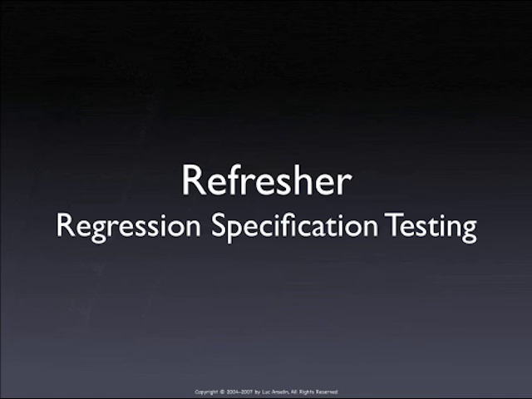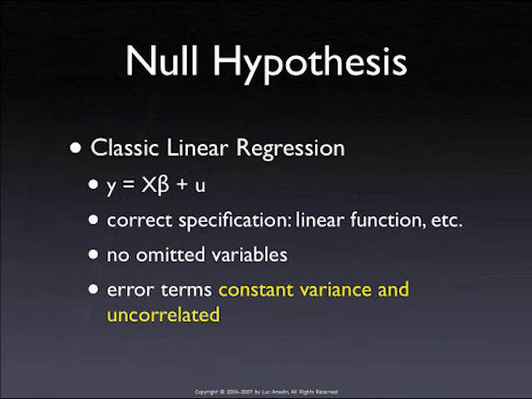Just to get everybody on the same page, the frame of reference, the null hypothesis if you wish, is the classic linear regression model. In matrix notation, a vector of observations on the dependent variable y, a matrix of observations on the explanatory variables x, a vector of regression coefficients beta, and then the error term u.